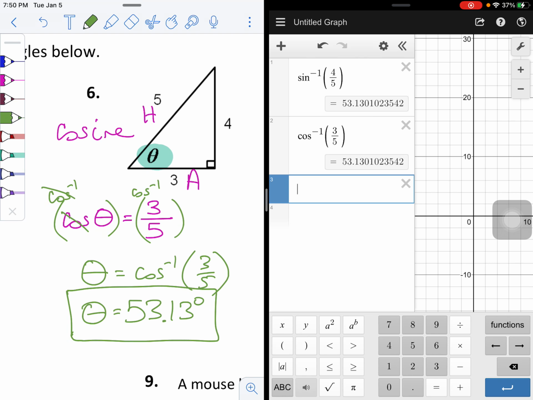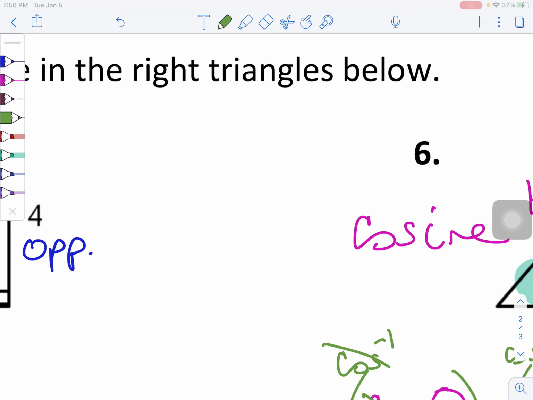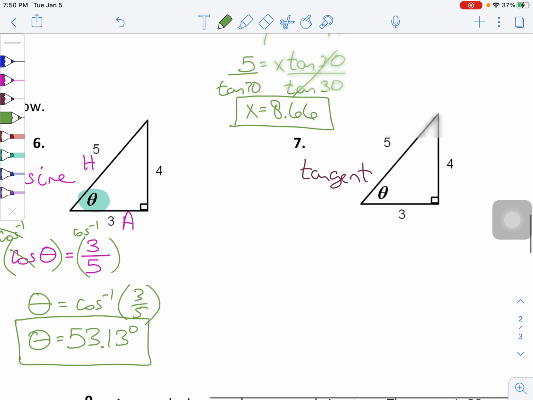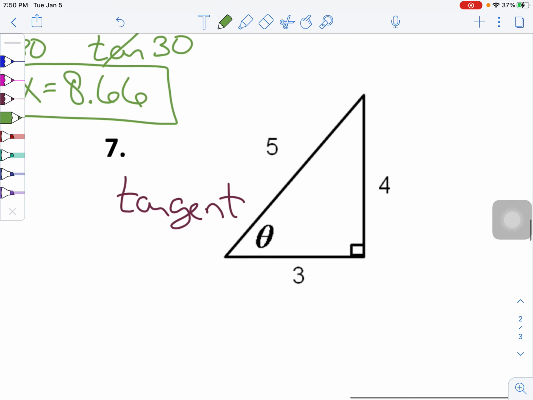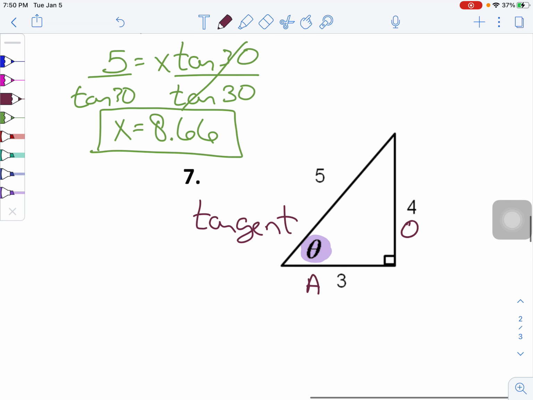Now, I'm going to close out Desmos and open up TI-84 to show you how to find the stuff in TI-84 for problem number 7 here. So number 7, we're talking about tangent. From theta, tangent is going to be opposite and adjacent.